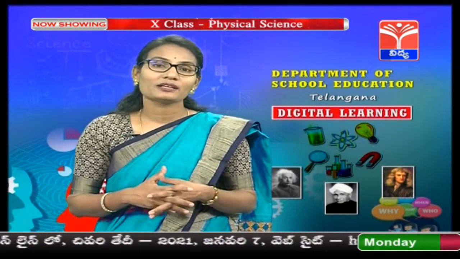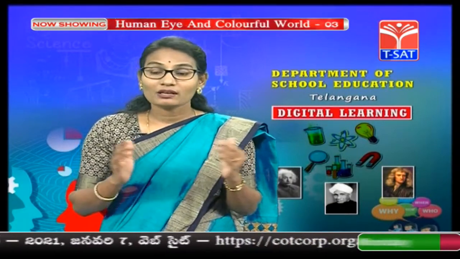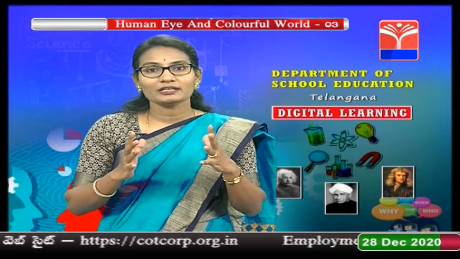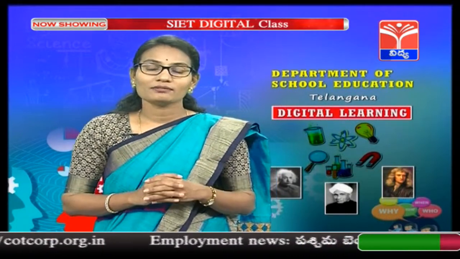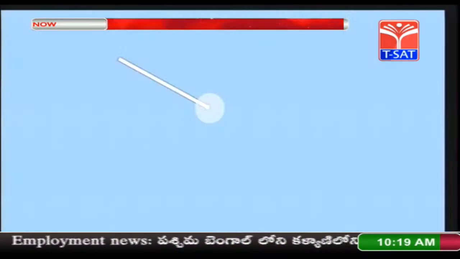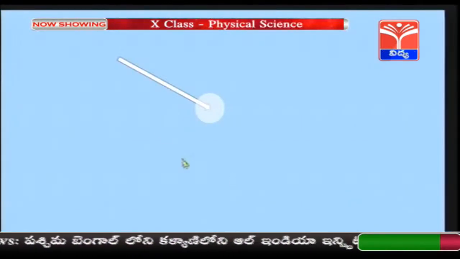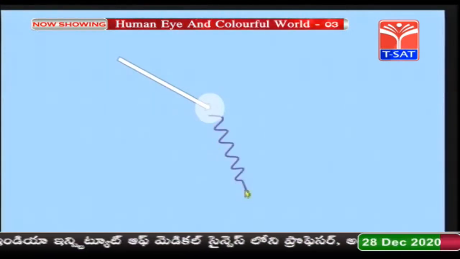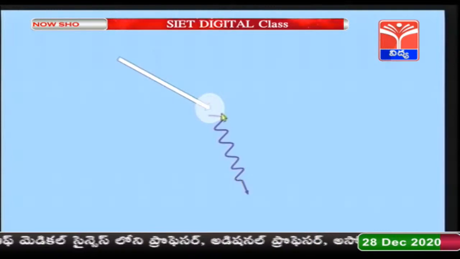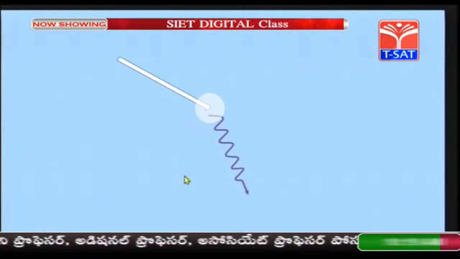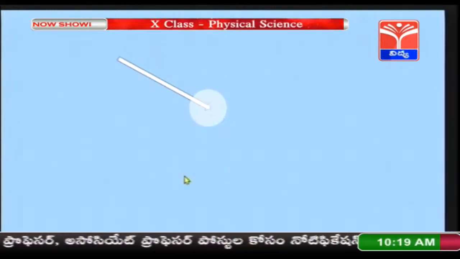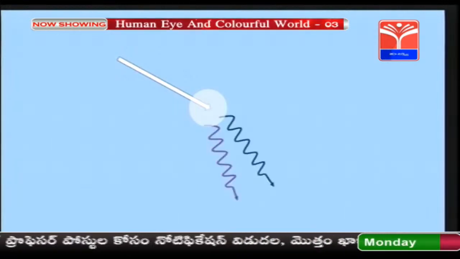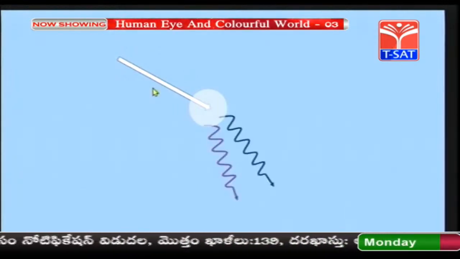Then why do the clouds appear white? Because clouds consist of so many tiny water molecules. Why do they appear white? Observe here, children. Whenever light is incident on this molecule, it scatters the wave which has a wavelength comparable to the size of this atom. Whenever the size of the atom or molecule is increased, it scatters higher wavelengths also.